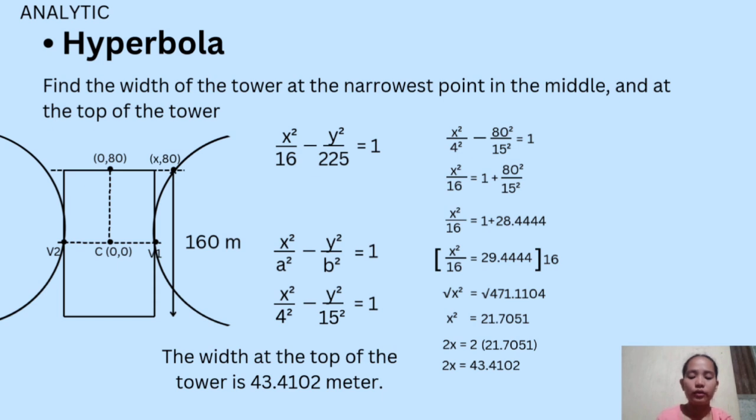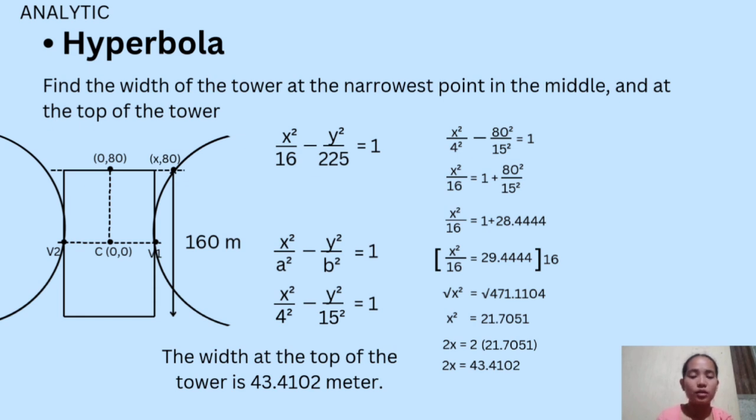So let's look first at the graph, where we have vertex 1 and vertex 2. We have 160 meters, the height of the tower, but we just look at the half, so 80 is the half. And we need to find the width at the point of 80 height.